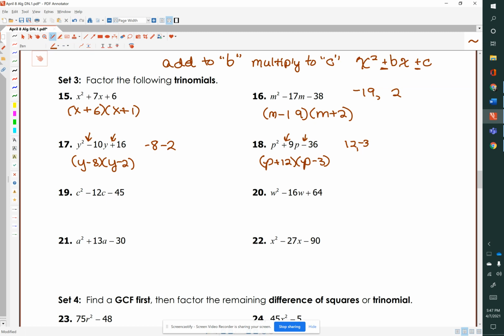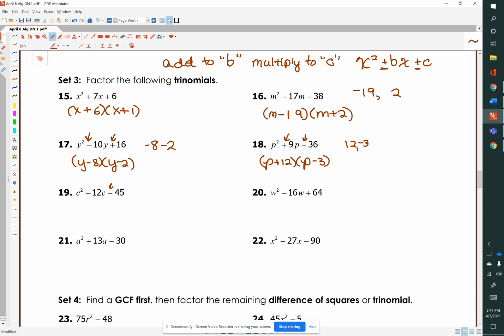Okay, number 19. We have c squared minus 12c minus 45. I need two numbers that add up to negative 12 and multiply to negative 45, which means I'm going to need a negative and a positive number, because a negative and a positive will multiply to this negative here.